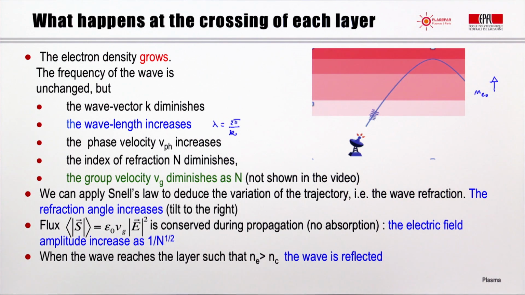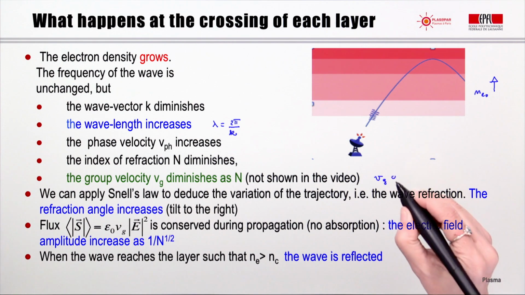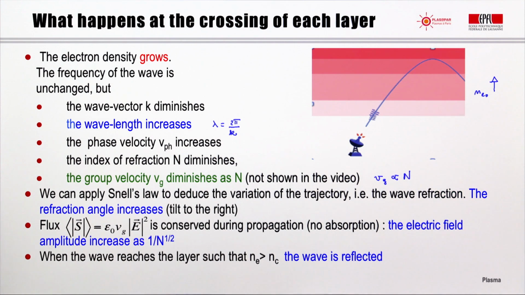The phase velocity increases and the index of refraction diminishes accordingly. The group velocity will also diminish as the density increases. Vg is proportional to n, the index of refraction, which diminishes.